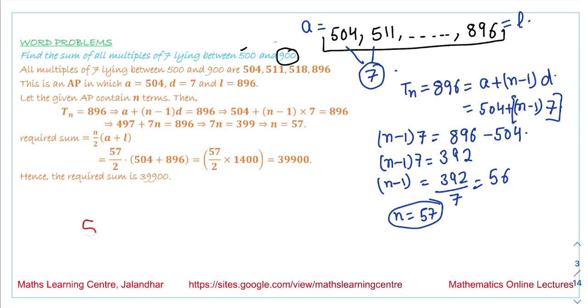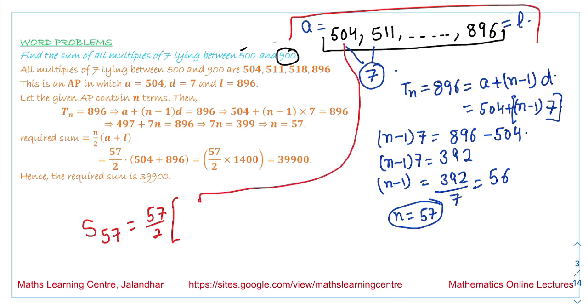So the sum of all these terms, S57, is equal to 57 by 2 into (a, which is 504, plus l, which is 896).